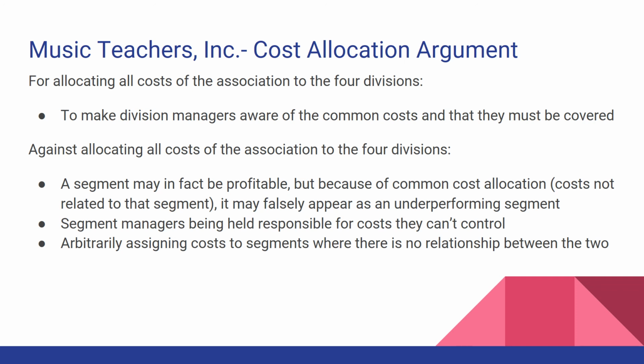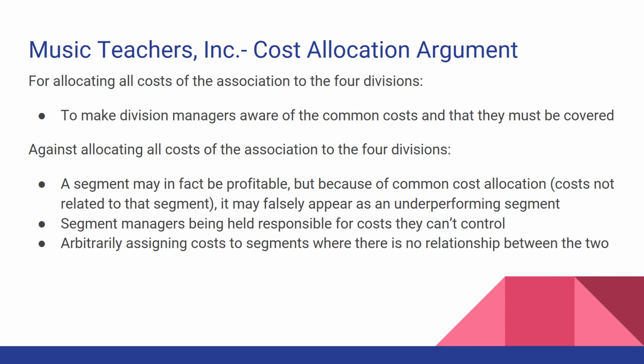Now, for against allocating all costs of the association to the four divisions, it's a couple things. First, the segment may in fact be profitable, but because of the common cost allocation, those costs are not related to that particular segment, so it may falsely appear as an underperforming segment. Then we have segment managers being held responsible for costs they can't control when they have these common costs allocated to them.